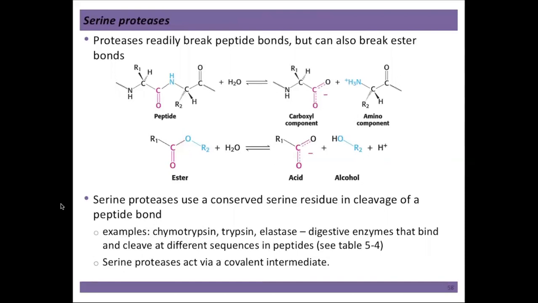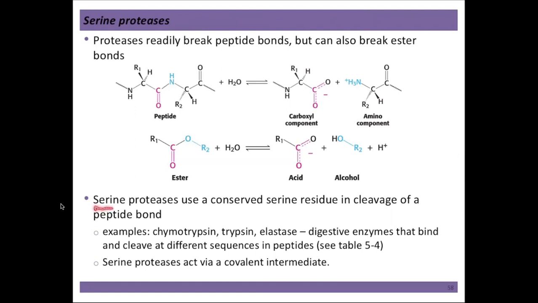If you remember your reactivity of carboxylic acids and their derivatives, esters are much easier to hydrolyze than amides, and that's due to the donation of electrons from the nitrogen that really stabilizes that bond. So proteases are things that break down proteins, or hydrolyze them. And like I said, they can hydrolyze esters as well.